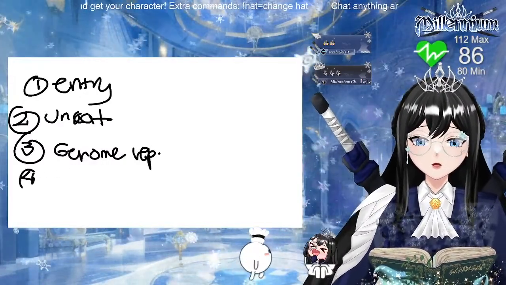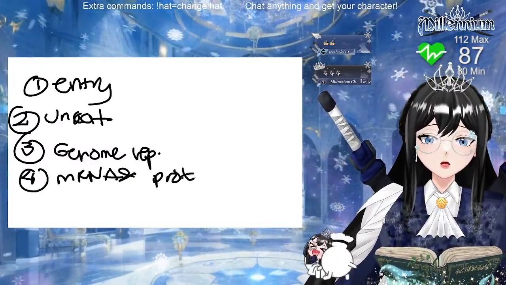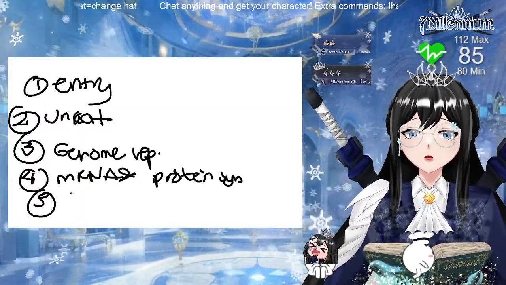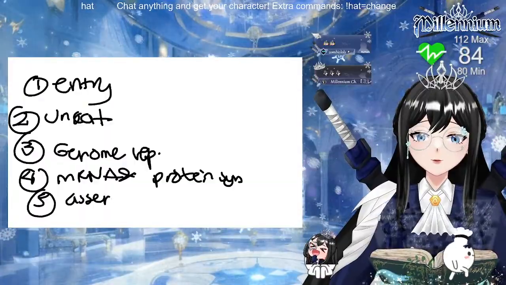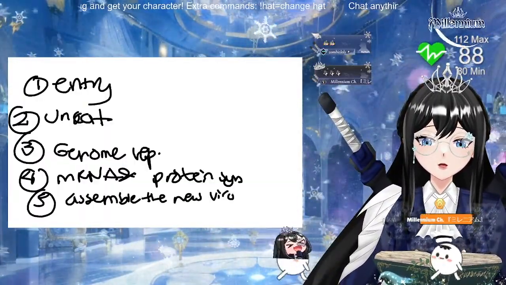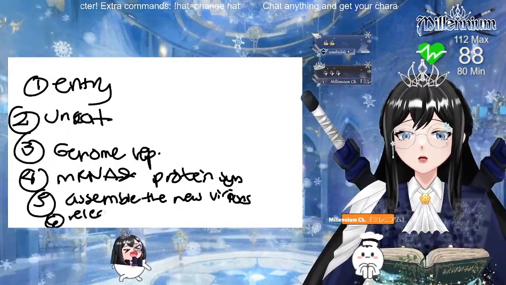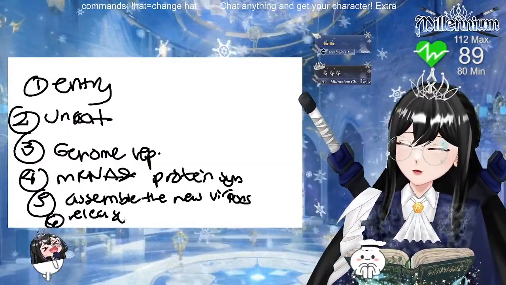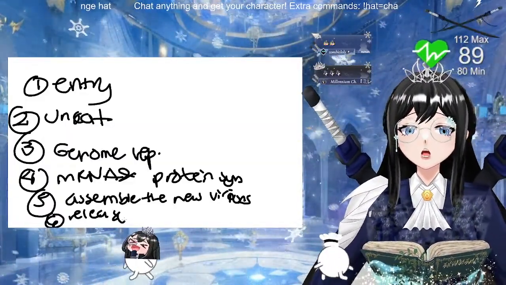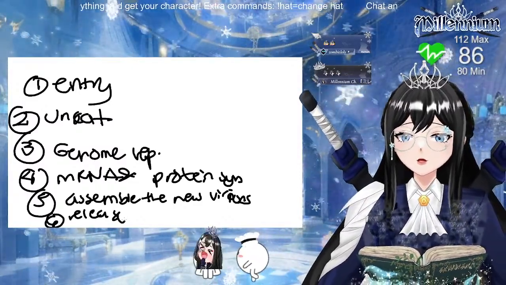Number 4, mRNA and protein synthesis. Number 5, assemble the new virions. And then 6 is release. So again, entry, uncoat, replicate the genome, mRNA and protein synthesis, assemble the new virions, and release.